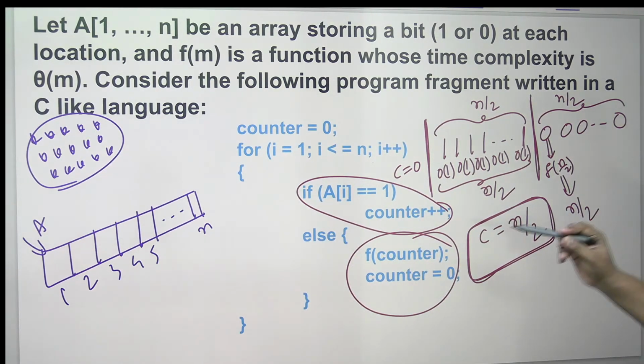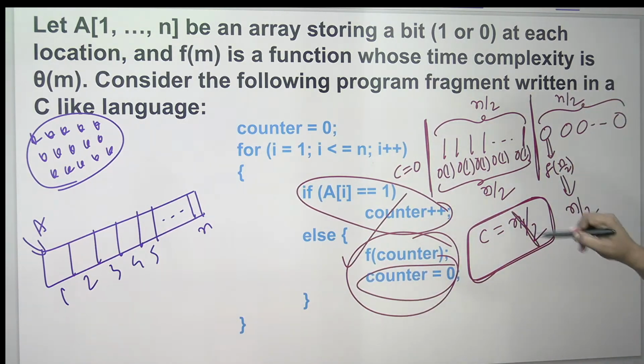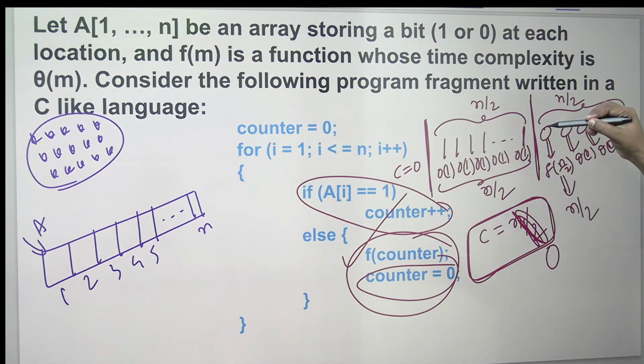But see this one, after this is over, immediately counter value becomes 0. For the first 0, n by 2, from the next 0 onwards, counter value 0. So, f of 0, theta of 0, f of 0, theta of 0, f of 0, theta of 0. What I want to say directly, half ones, half zeros looks like this. Every time n by 2, no, only first is n by 2, remaining is constant.